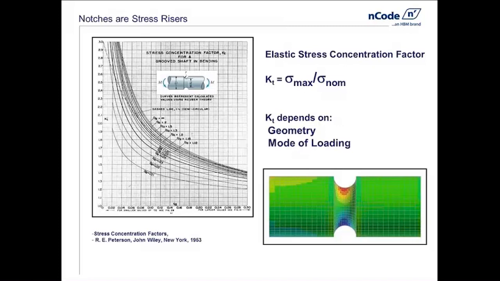And fundamentally, those stress levels are solely dependent on geometry and loading. They're really independent of material. So whether I had steel, aluminum, or polymer, I would have virtually the same stress there.